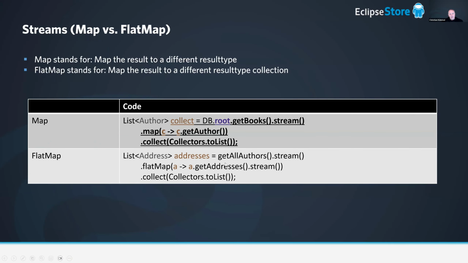That means we stream through the addresses, and at the end we will get a list of addresses. So that's the difference between map and flatMap. Map is for single references and flatMap for collection references. I would say that makes sense at the end.